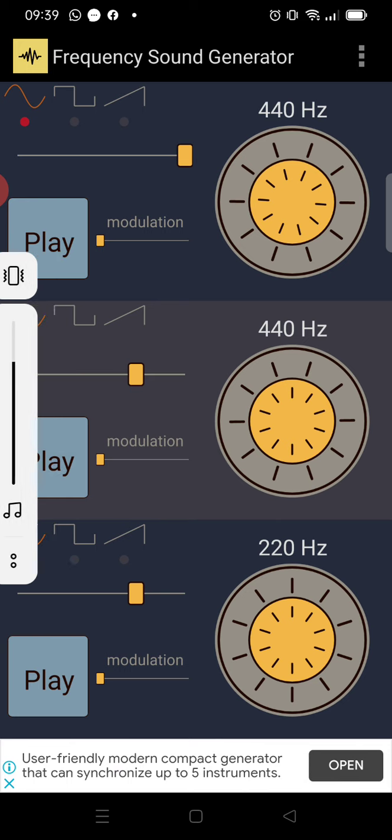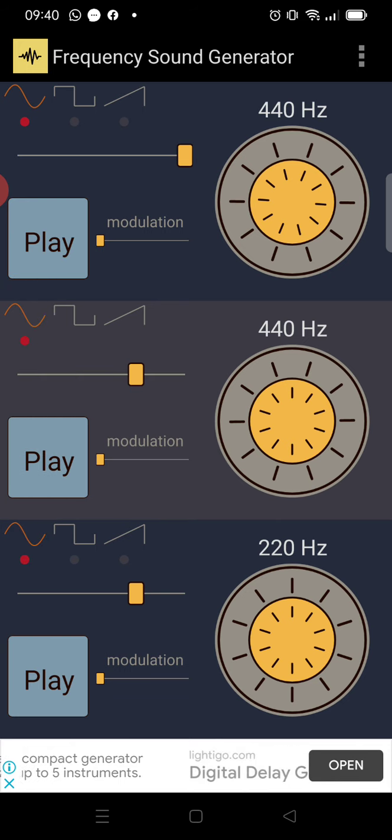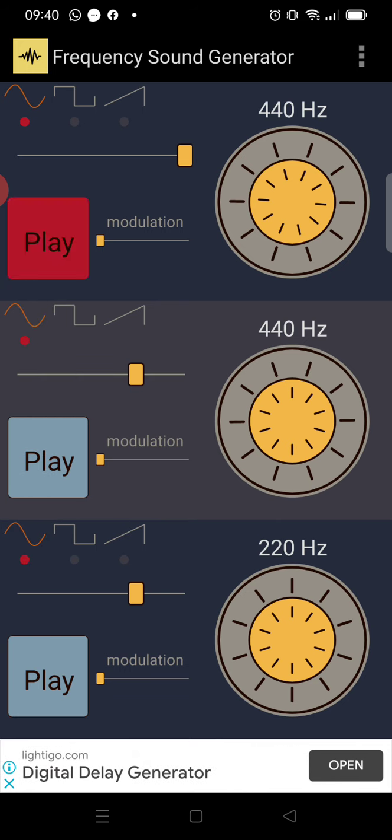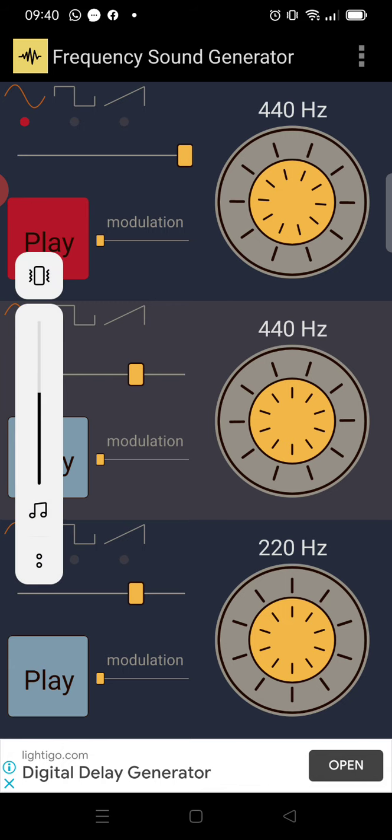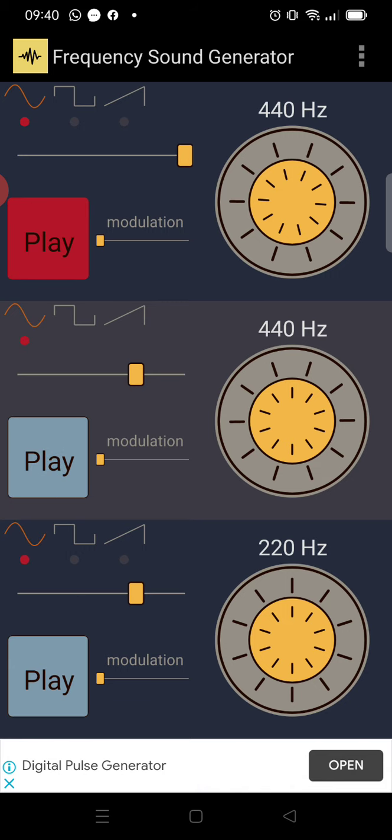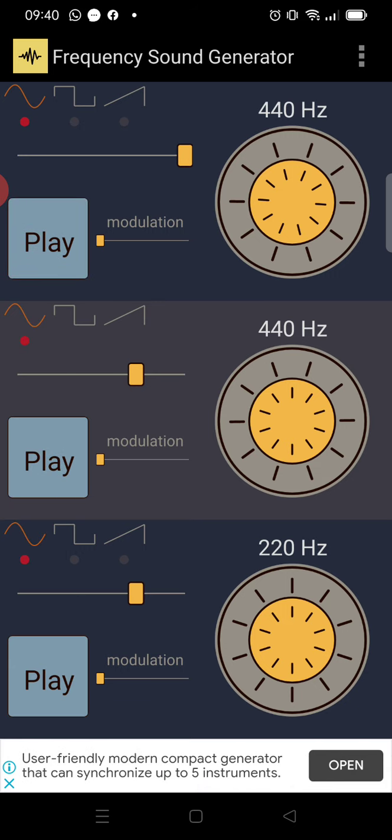So this is just one sound of frequency 440 Hertz. And now this is two sounds of frequency 440 Hertz.